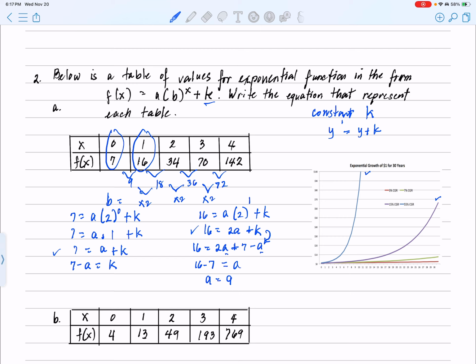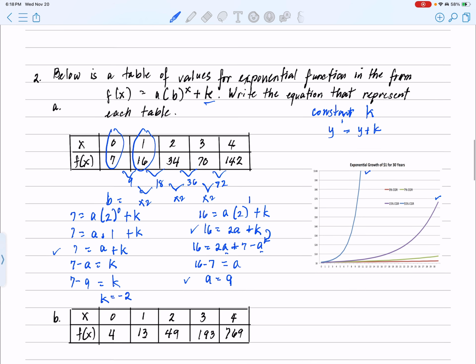So now we have the value of a. To find the value of k, we substitute a, which is 9, so k equals 7 minus 9. So k is equal to -2. So we have now the value of a and the value of k, and we can write our function.